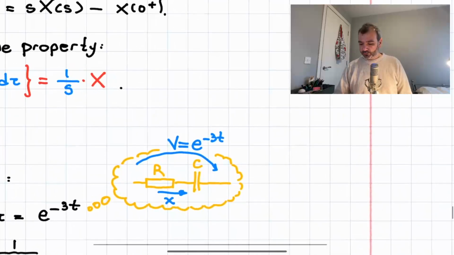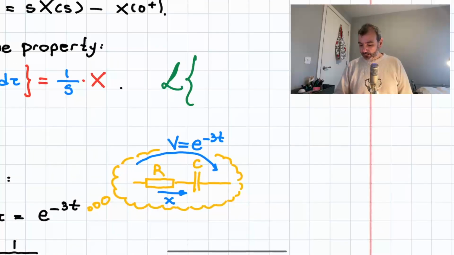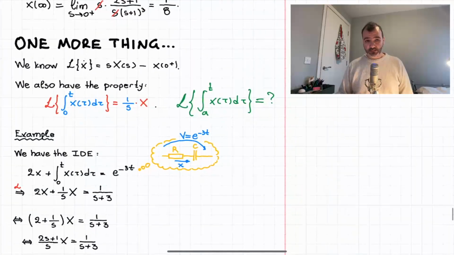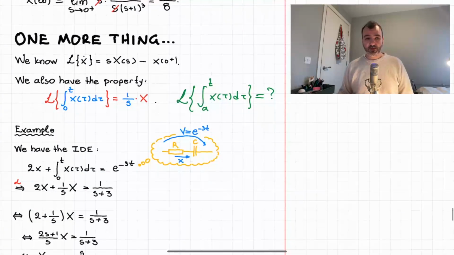And you might be wondering, what is the Laplace of the integral from some time, let's call it a, of x of tau d tau, where a is not necessarily 0. Well, that's a good exercise. You can definitely work this out very easily.